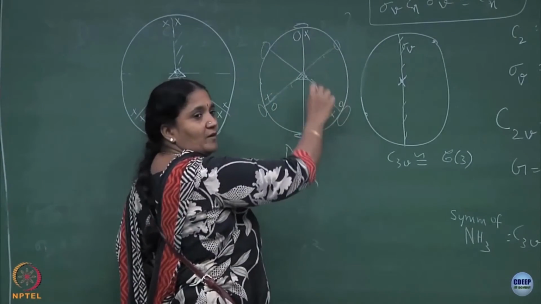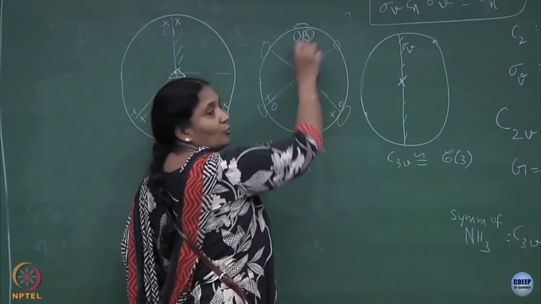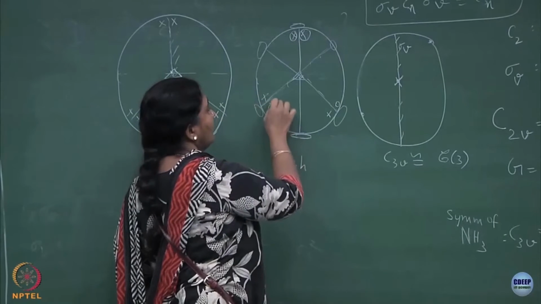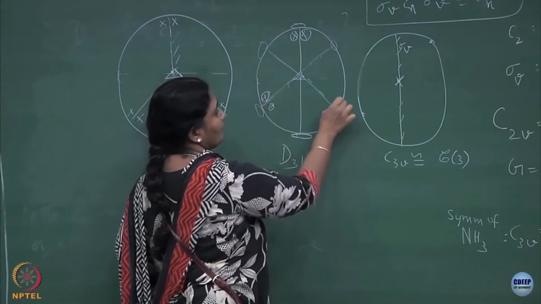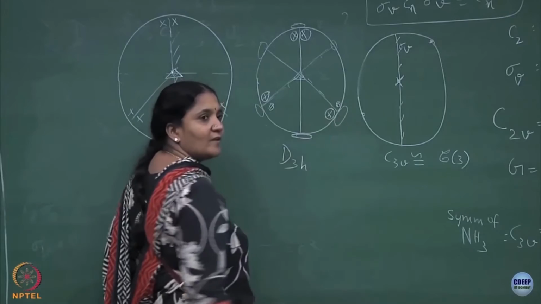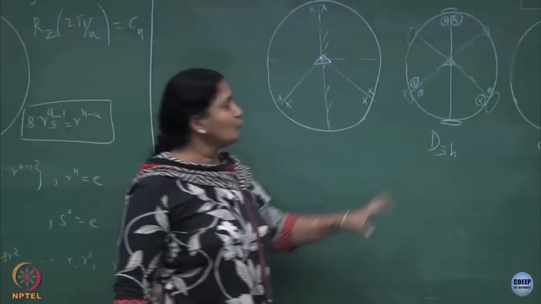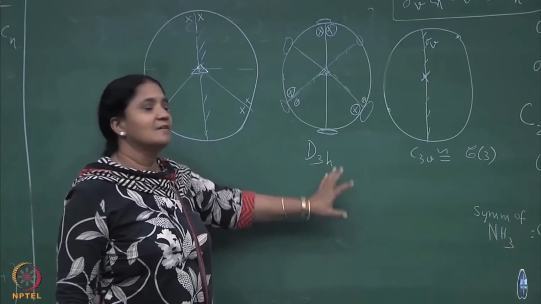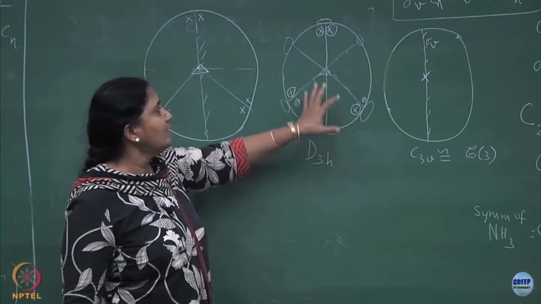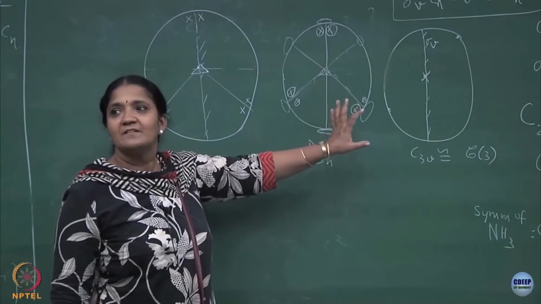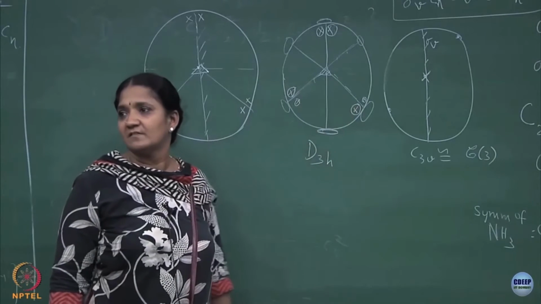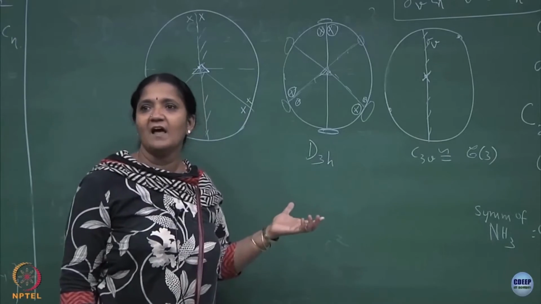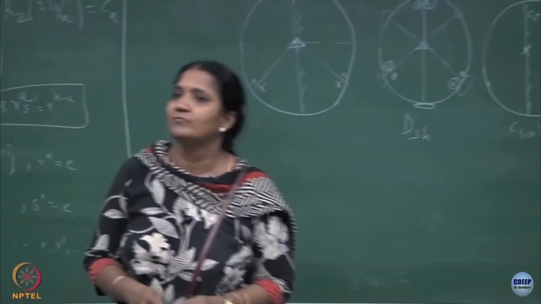So, when you have a mirror, this cross will go behind also, the one behind will come up and so on. In fact, looking at these points you should know how many elements there are in D3H. So, D3H will have how many elements? 12 elements.